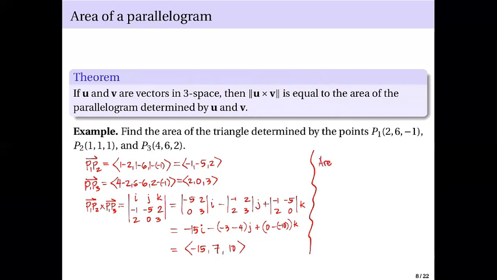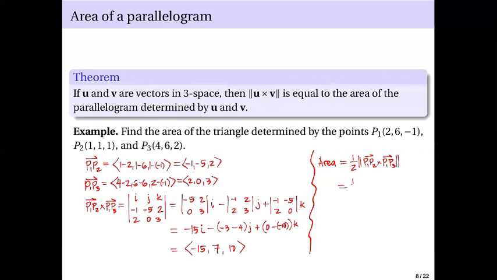But now, assuming that this is the correct cross product, the area equals 1/2 norm of P1, P2 cross P1, P3.